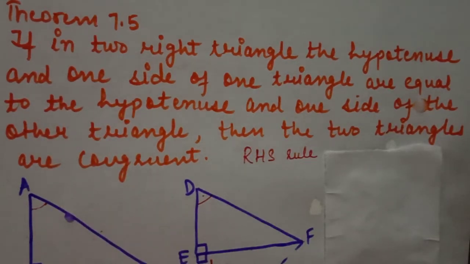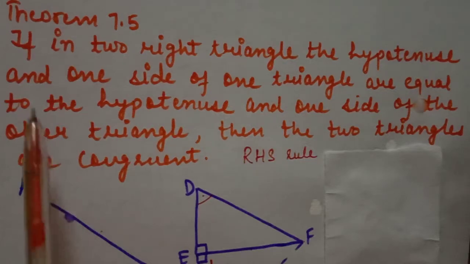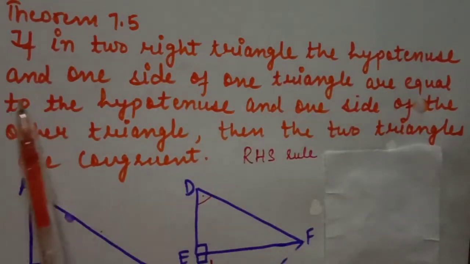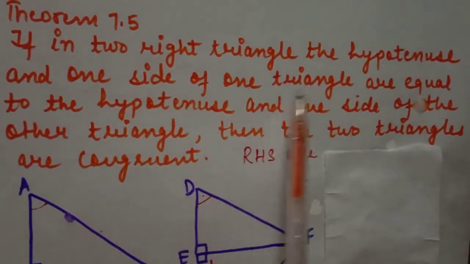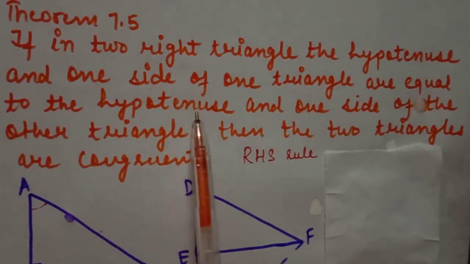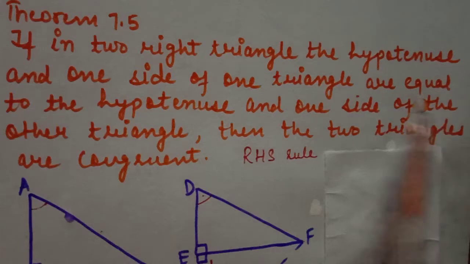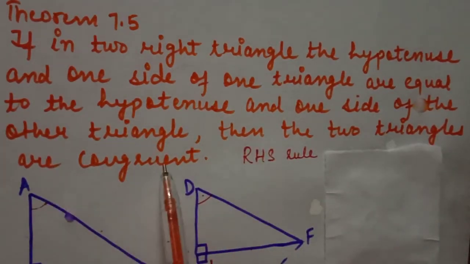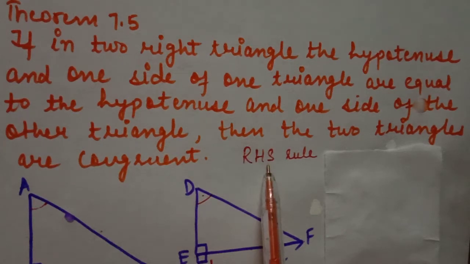So students, you have to learn this statement. If in two right angle triangles, the hypotenuse and the one side of a triangle are equal to the corresponding hypotenuse and one side of the other triangle, then the two triangles are congruent. This is our RHS rule.